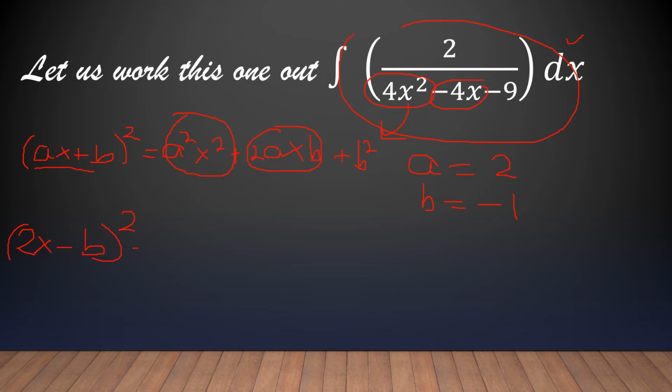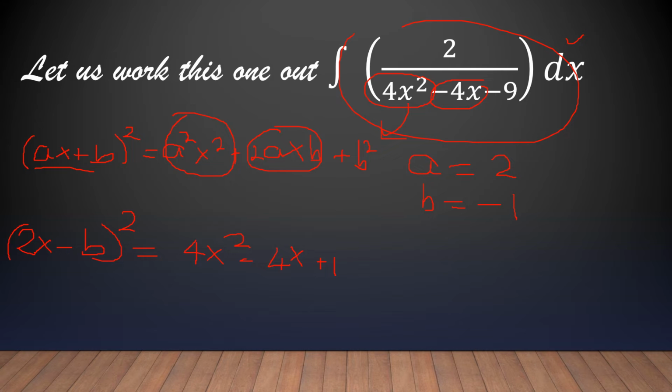So if I square this, I'm actually going to get 4x squared, minus 4x, and plus 1.